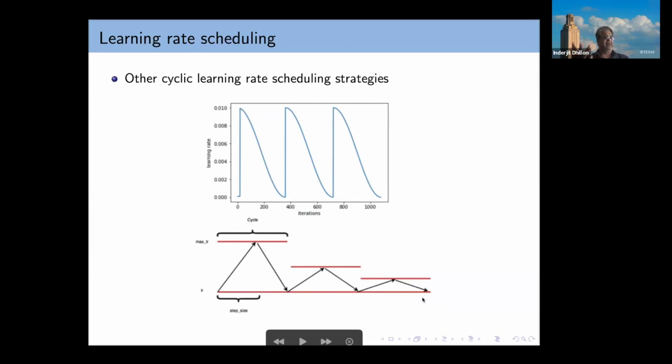So this is still very actively researched, and from the practitioner's point of view, there are various schedules that people have found work well for particular architectures. And many times you will now see in research papers or even blog articles that people specify what learning rate schedule they use, what strategy they use, and what actually ended up working well.